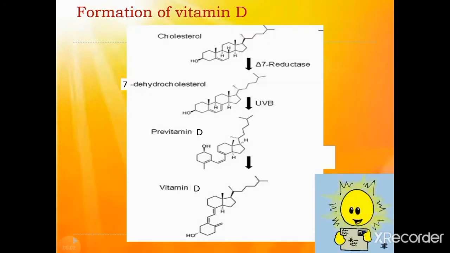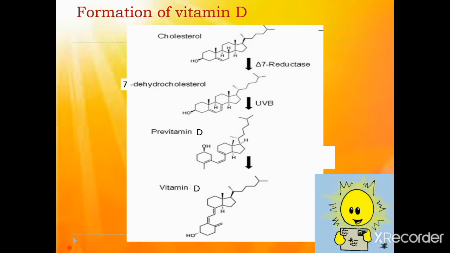Let's just repeat the same. During the synthesis of cholesterol, there is an intermediate called 7-dehydrocholesterol, and this is present under our skin. When it is exposed to UV rays or slanting rays of the sun ranging from 290 to 315 nanometers, it undergoes changes.